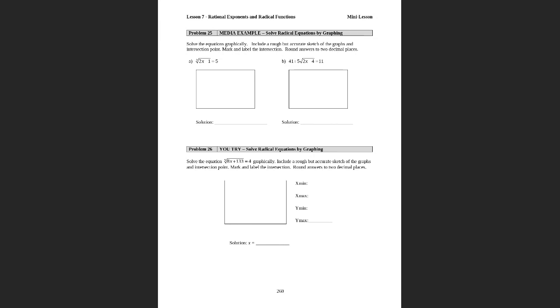You could pick your calculator and then follow me as I do it. Now the major problem here is going to be the window.